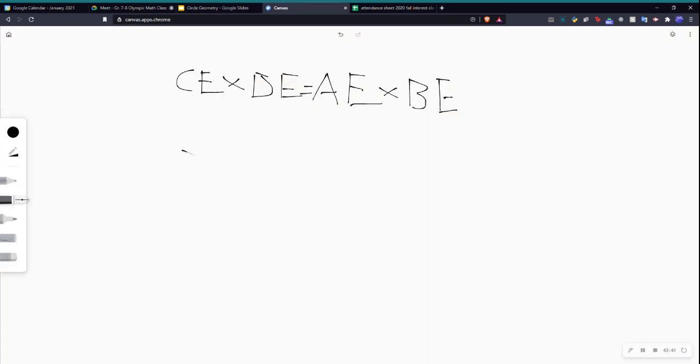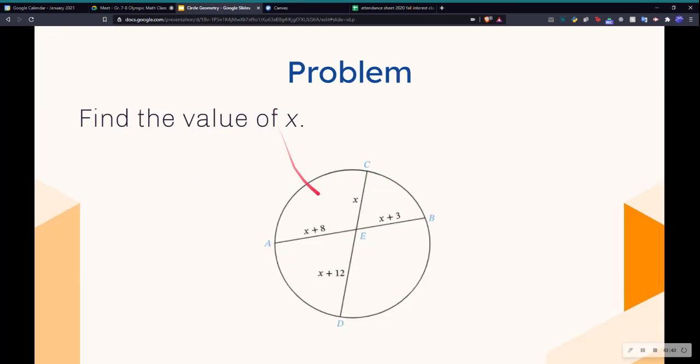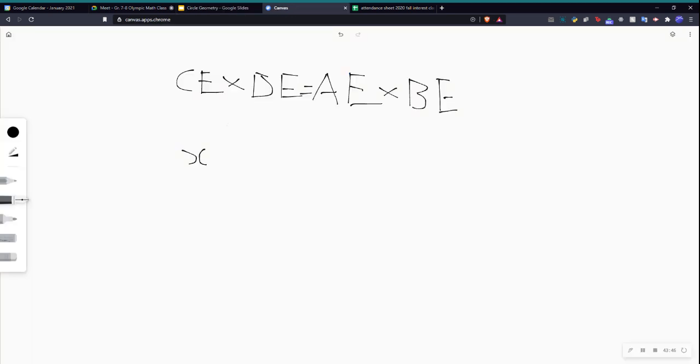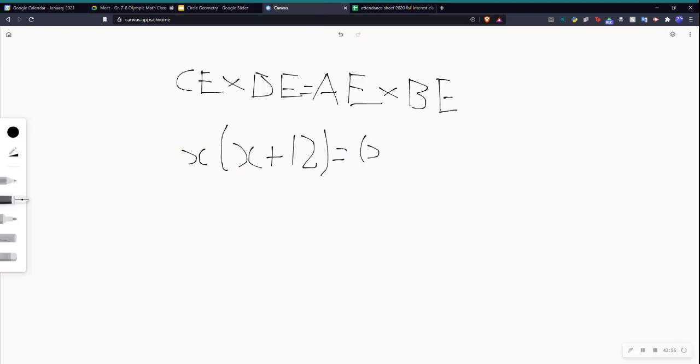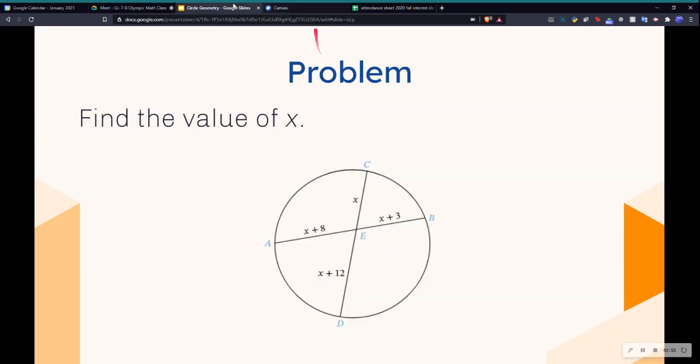CE is x. DE is x plus 12. AE is x plus 8. BE is x plus 3.